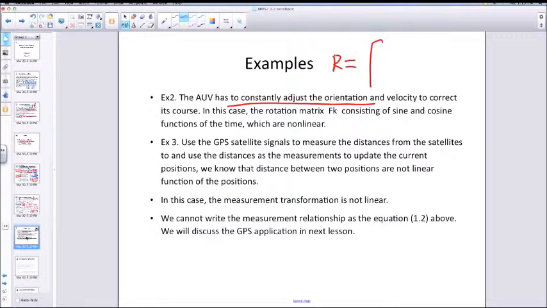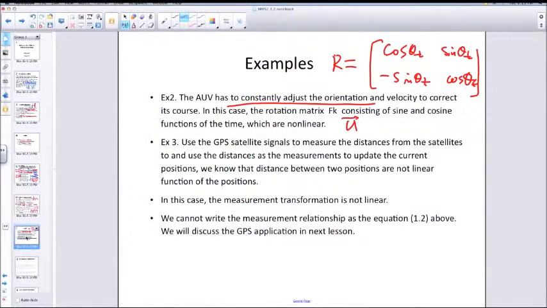R equals cosine theta t, sine theta t, and negative sine theta t, cosine theta t. And of course, those trigonometric functions, as we pointed out, are not going to be linear. But this time it is the control variable u that is not linear. The previous example is the transition relationship f, not linear.